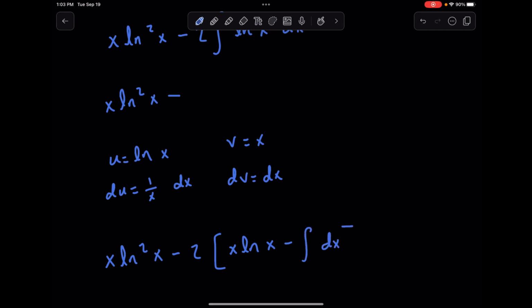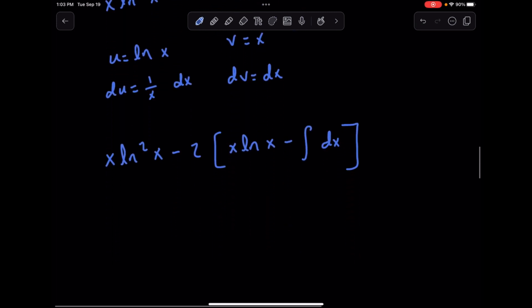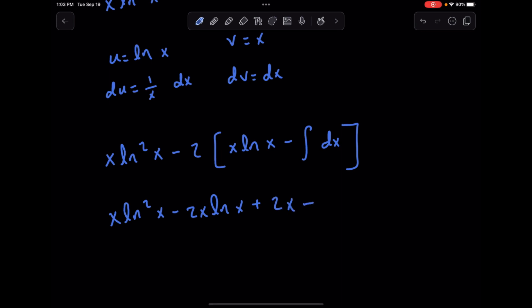So this is the same thing we were doing to solve the integral of ln x earlier. And this just becomes x ln squared x minus 2x ln x plus the integral of dx, which is just x, so plus 2x plus c.